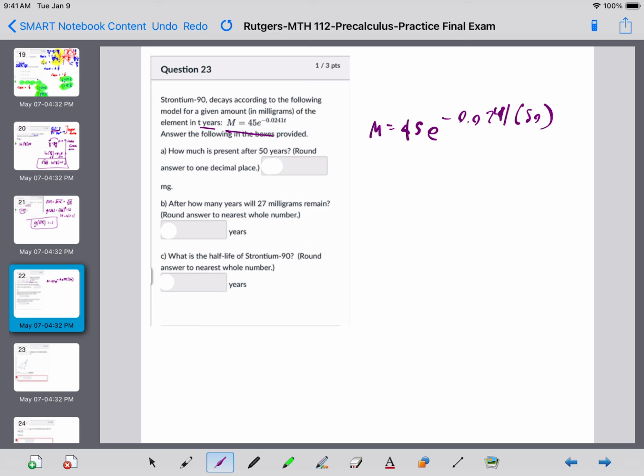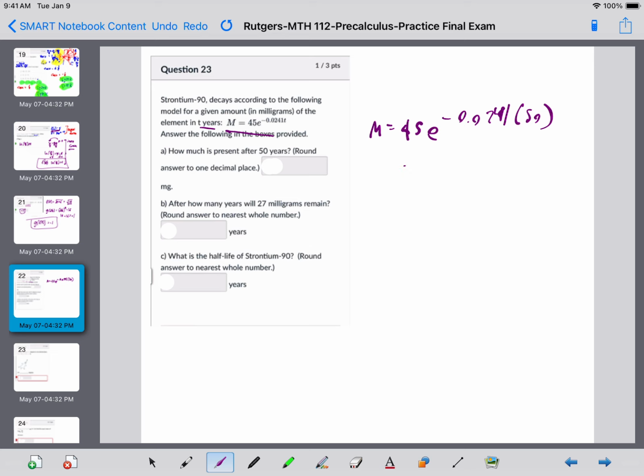So I'm just going to put this on my calculator. 45 times e to the negative 0.0241, and then I'm plugging in 50 for t.